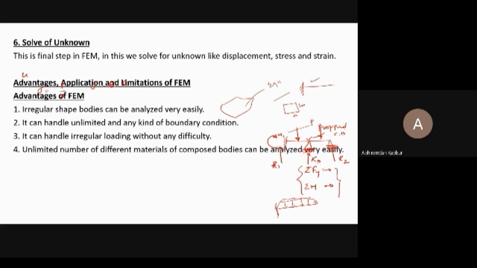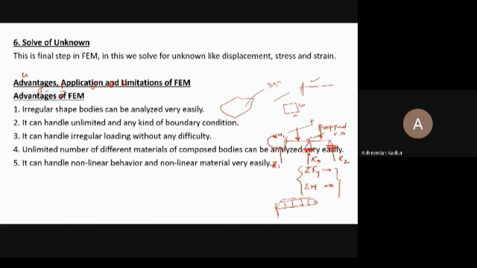Then coming to the next advantage, an unlimited number of different materials, like composite materials, which is not possible in normal mechanics of material. FEM does that. Any number of composite bodies can be analyzed very easily. And the last one is that it can handle non-linear behavior and non-linear materials.